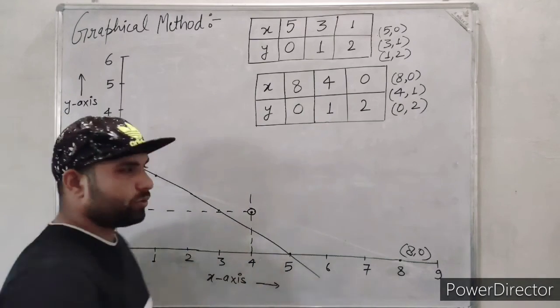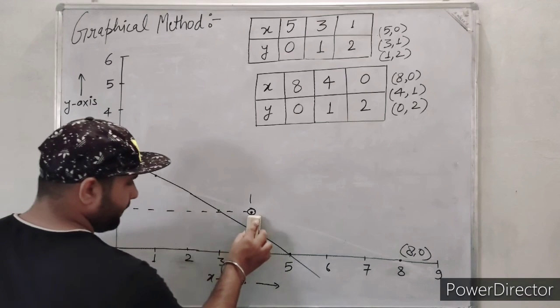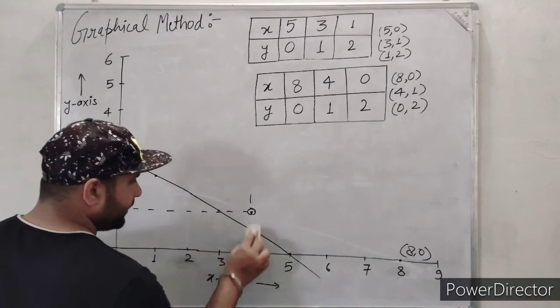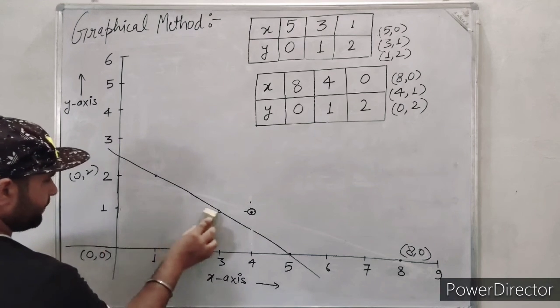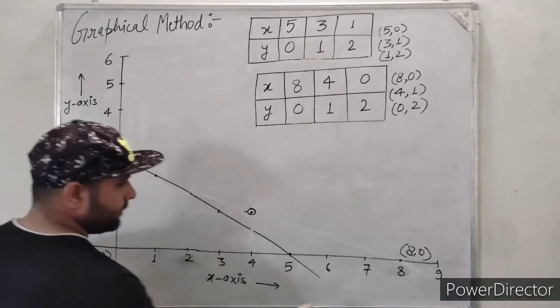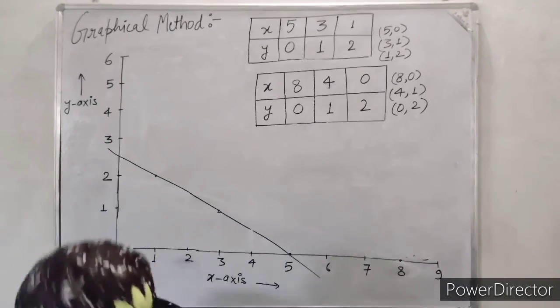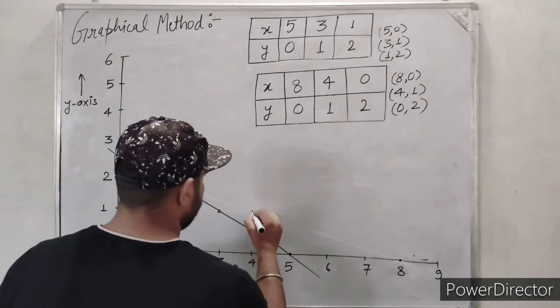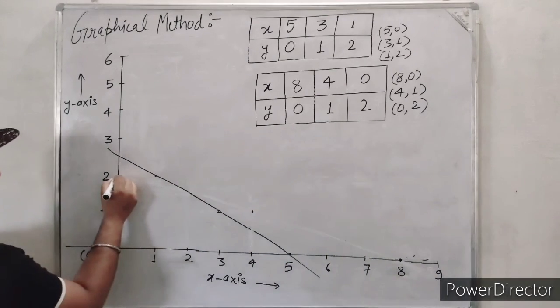So let us clear it so that no confusion will get. So now we have 3 points. This is the first one, second one, and third one.